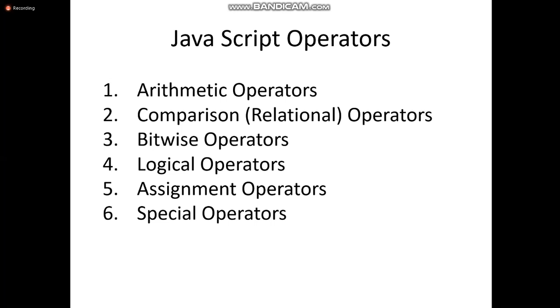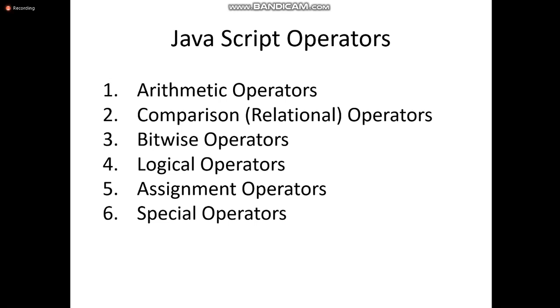JavaScript operators are classified into several types. I will give a list of all these operators to you so that you can go through them. These are general JavaScript based, and TypeScript uses the same operators, so no change. Only special operators you need to understand, which I will explain.